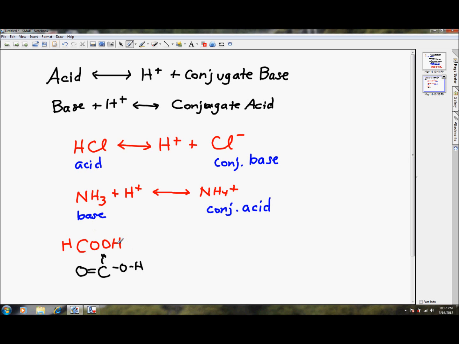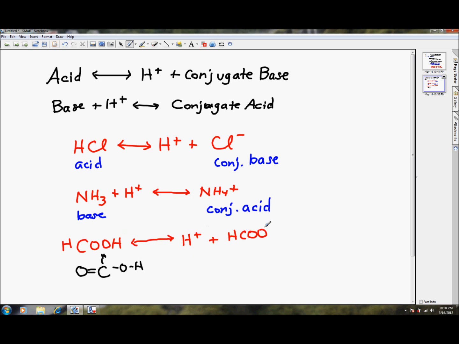So how can we figure out what is the conjugate base of formic acid? Well, we know that it's going to make H plus. The H is going to come off, so what's left over? HCOO.